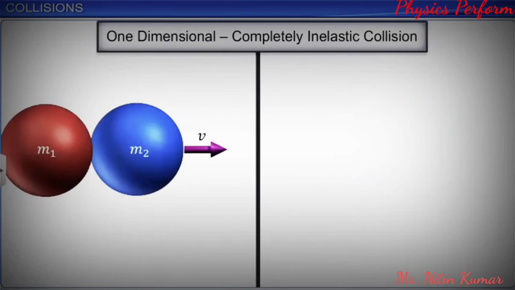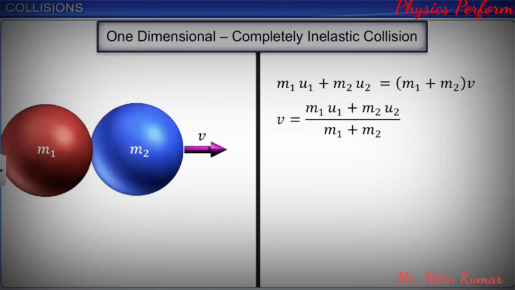Since the momentum of the system is conserved during the collision, we have m1u1 plus m2u2 is equal to m1 plus m2 into v. This implies that the velocity after the collision v is equal to m1u1 plus m2u2 divided by m1 plus m2. Let this be equation 12.